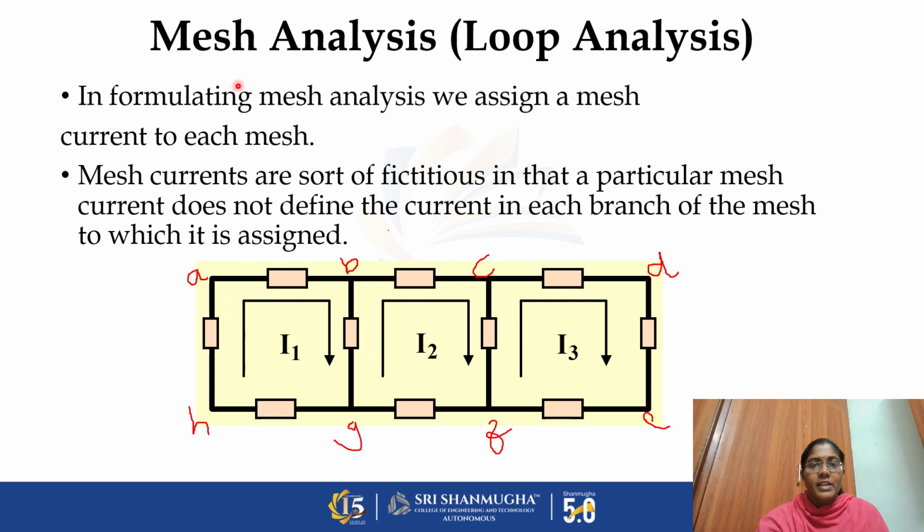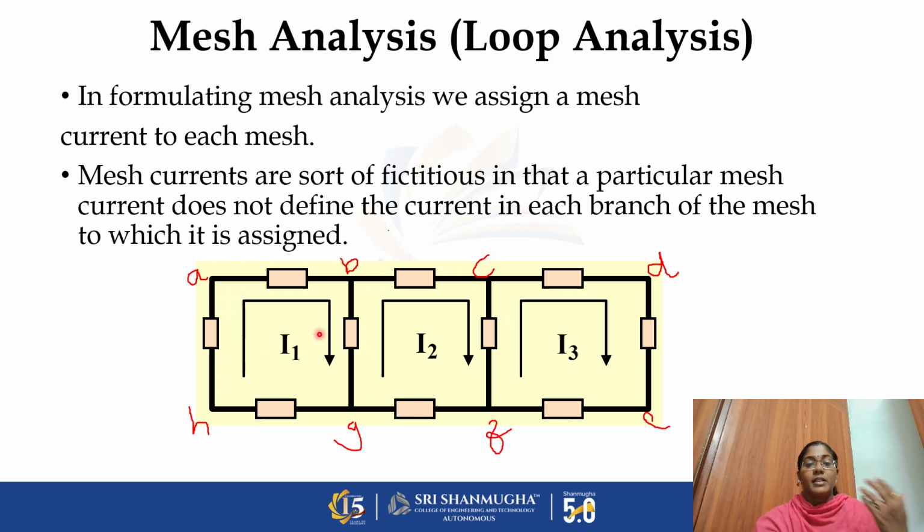In formulating mesh analysis, we have to assign the mesh current for each mesh. You can look here, mesh currents I1, I2, I3 have been assigned. This is an assumption. We have to assign them ourselves.